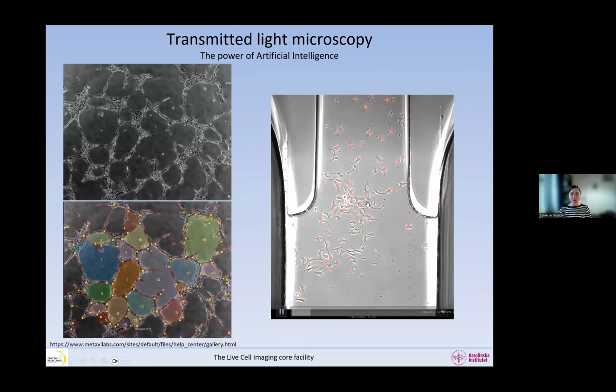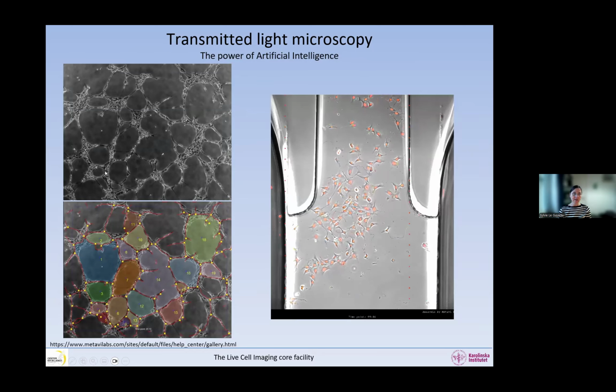So transmitted light imaging is very useful to see the context of things, and you can see here how the nuclei maybe are labeled, but the cells are not labeled, and we can see them with great details, and the way they move. And then there's a lot more fantastic stuff going on with AI, where we can pseudo label.